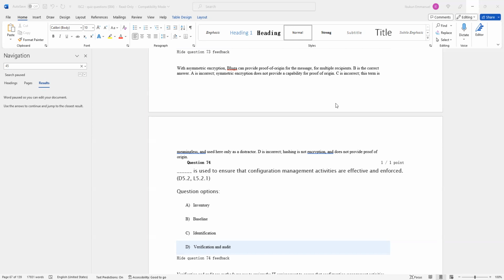If you were given an example, I'll give an example, a baseline image. So a company will have a standard build for all its laptops or desktops, where IT or the business will say, everybody in the company must have Windows 11 as the operating system.